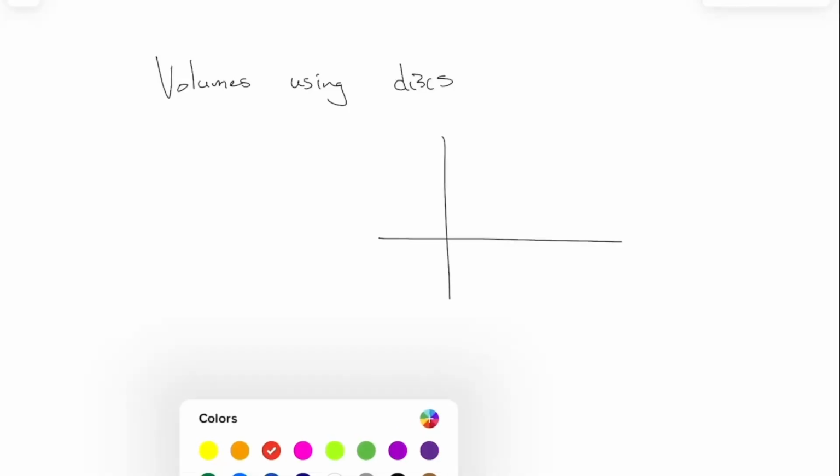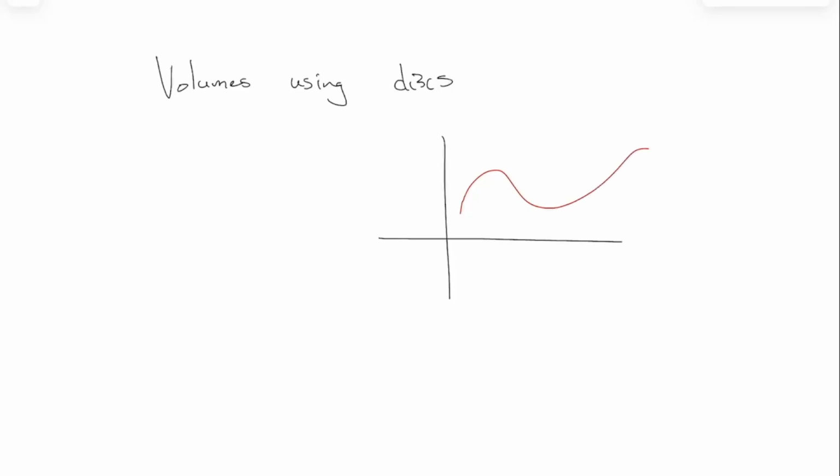Let's continue talking about the volumes of revolution. So we are talking about volumes so far using these sort of disks. You slice the shape up. These are specifically for shapes which are created by revolving something across the x-axis.